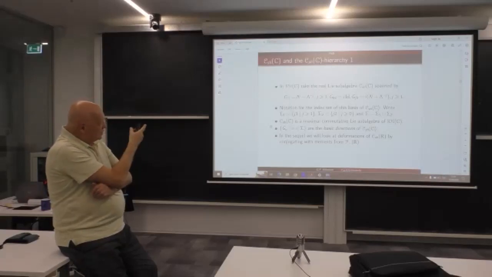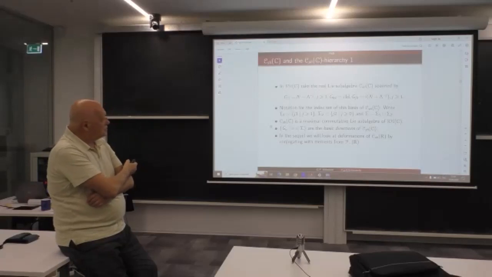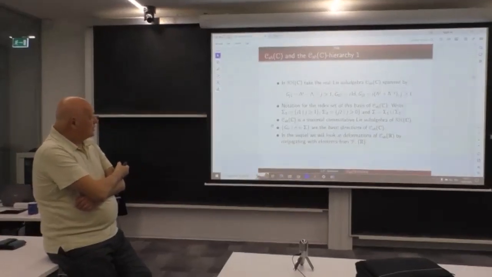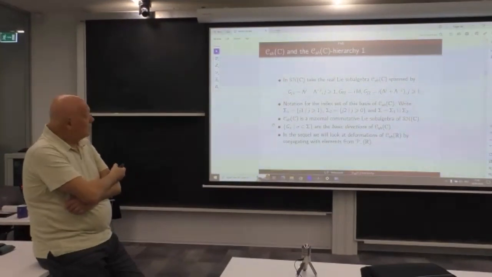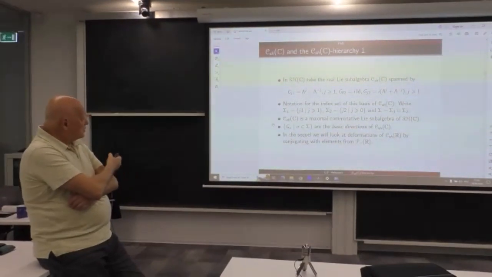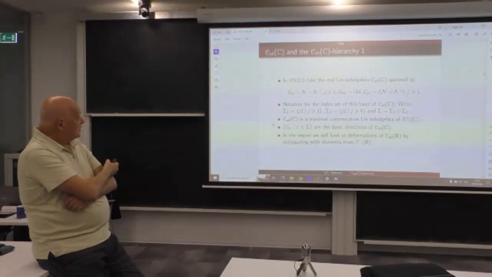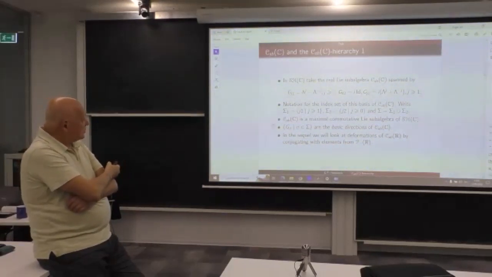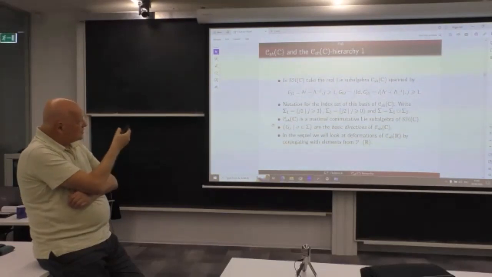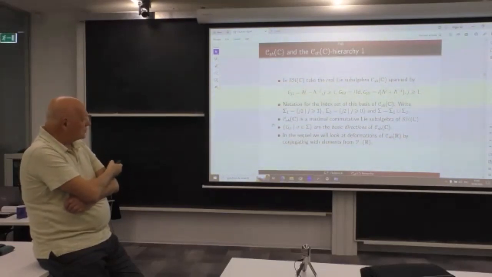Now, it's easy when we make a notation for the index set of this basis. The first set of indices I denote by sigma 1, and the second set is for the imaginary ones, sigma 2. So sigma is the total index set.